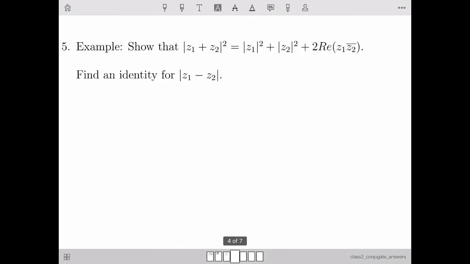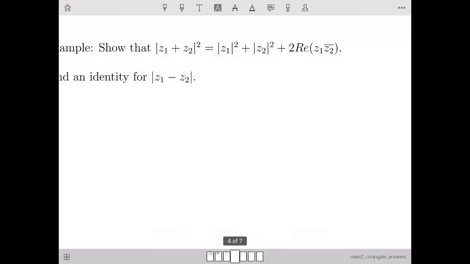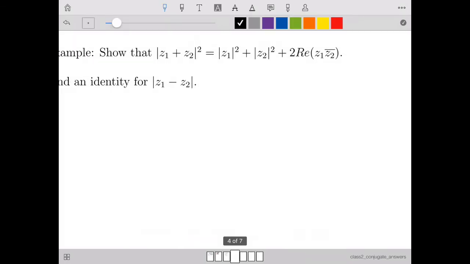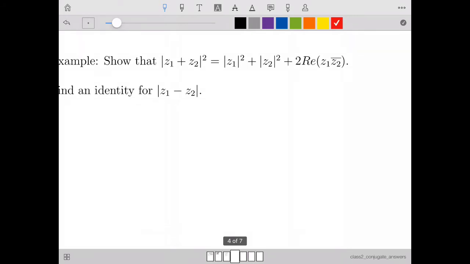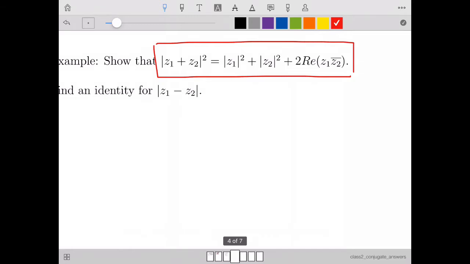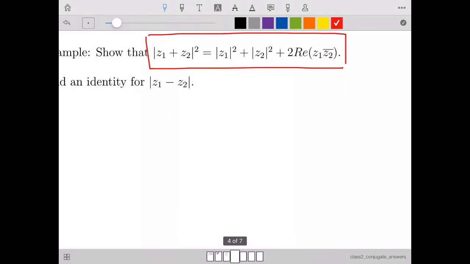And number 5, show that this is that and that is that. Okay, so we're gonna use this often in proving some inequalities. So let's remember this.